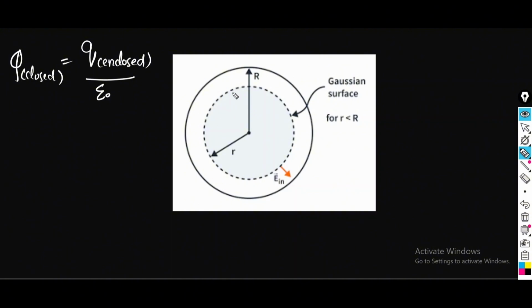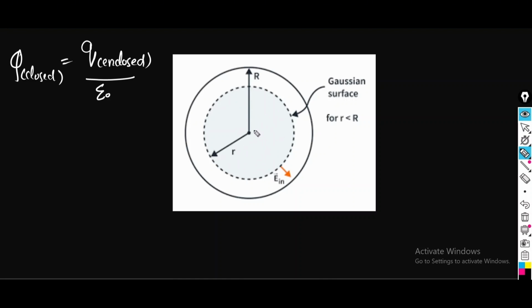According to this law, the flux through this surface will be equal to the flux through this surface. So the mathematics behind this claim is that. Before going to that, I'm going to discuss this figure a little bit.